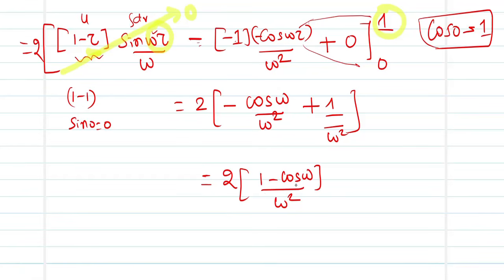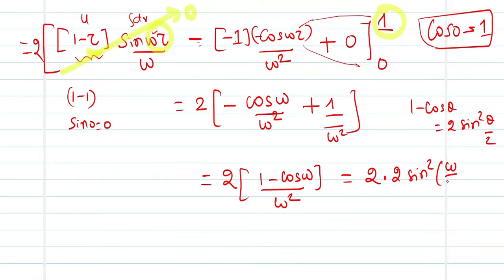This can be further made into a simple and comfortable format by substituting for 1 minus cos theta. What is 1 minus cos theta? It is 2 sine square theta by 2. We know this trigonometric equivalent, so I can replace 1 minus cos theta with 2 sine square theta by 2, where theta is omega for me.